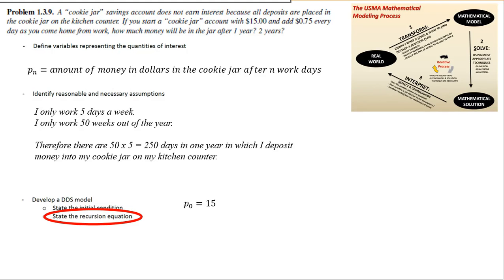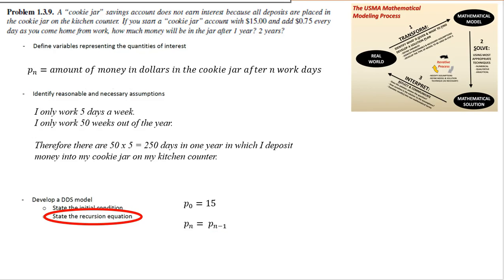Next, for my recursion equation, I want to know how much money is in my account given some work day, some index n. And therefore I want an equation, P sub n, and I know that how much money is in my account today, right now, equals all the money that was in my account the day before, plus or minus any change that occurs to my system.